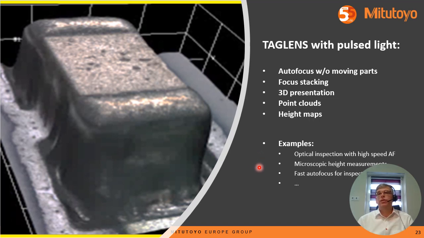Examples where these features are useful are optical inspection with a high-speed autofocus system without moving parts, microscopic height measurements also with high speed, and fast autofocus for inspection.